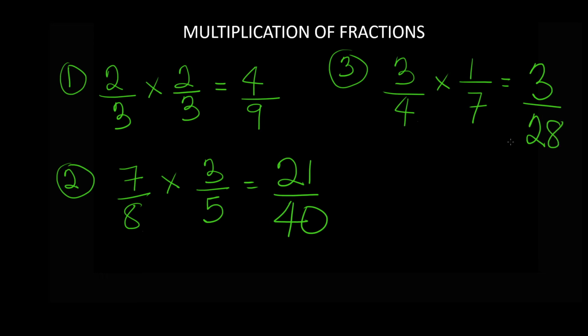So my final answer is 3 over 28. If you take note of this fraction, it cannot be simplified further because nothing can go evenly into 3 and 28.